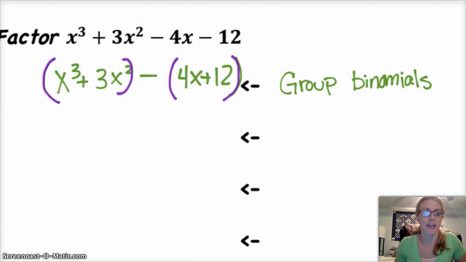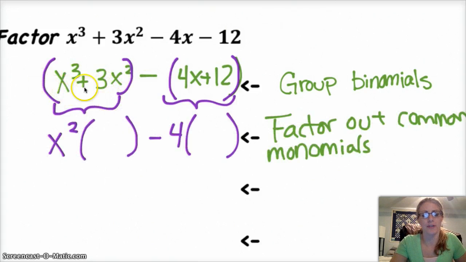Group the terms. Next step is factor out common monomials within the group. In this binomial, both terms have an x squared, so I want to pull out an x squared. And here, both terms are divisible by 4, so I could factor out a 4. I'm going to do that for both of those.